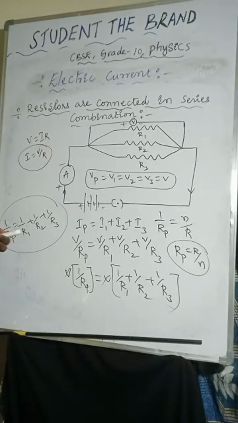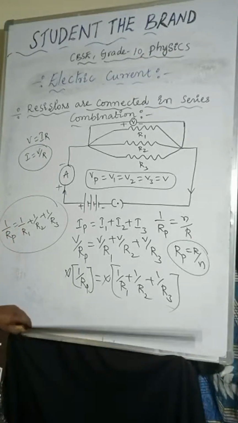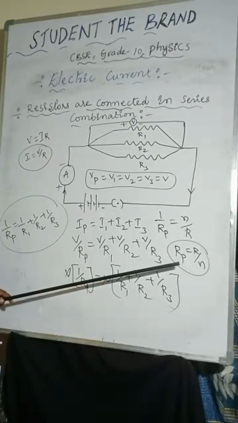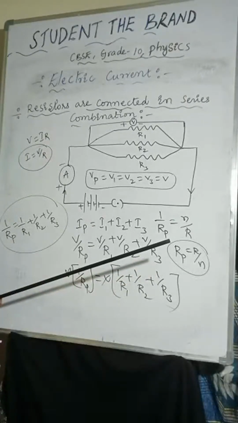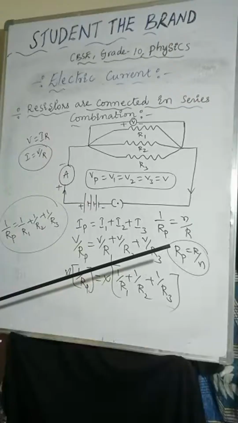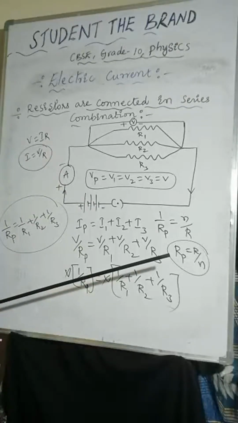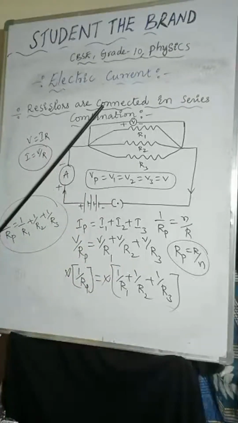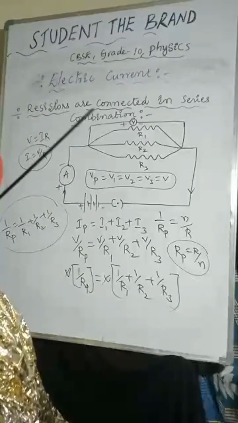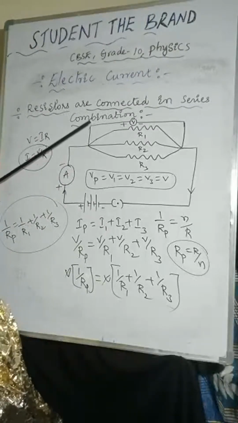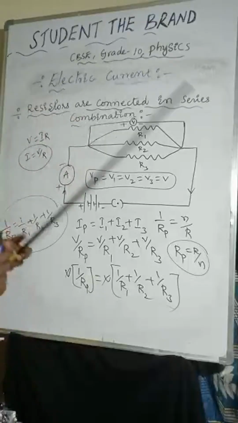Check once here. Okay, so I hope it is very clear. Just check once: resistors connected in series combination, and this is the parallel combination.